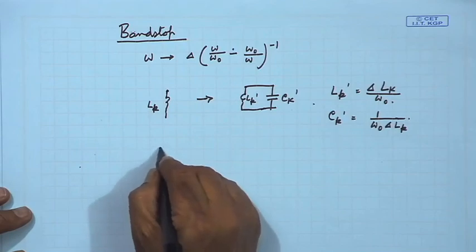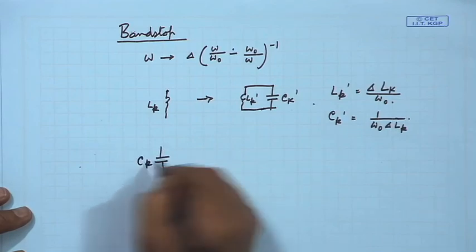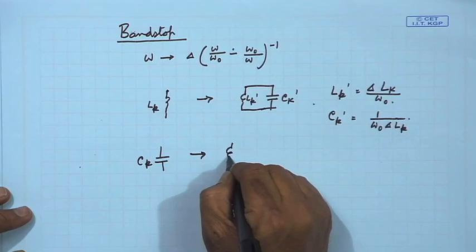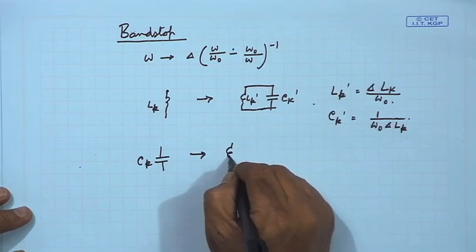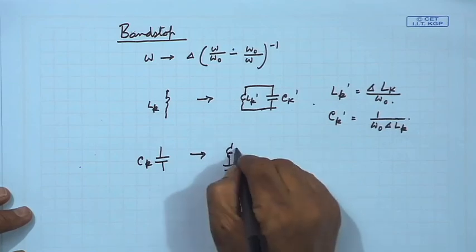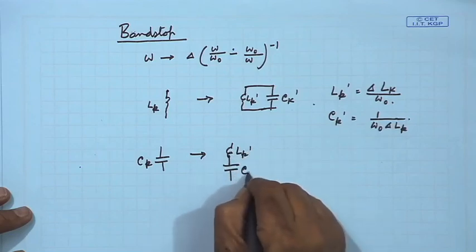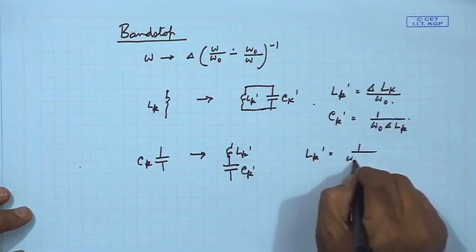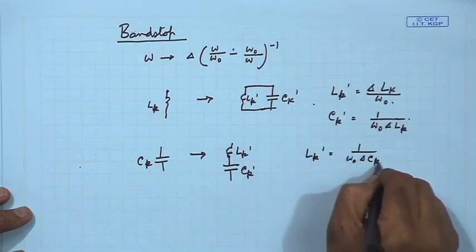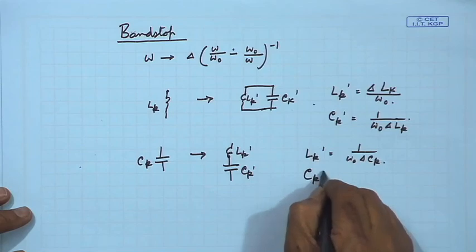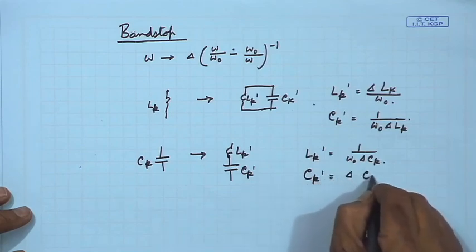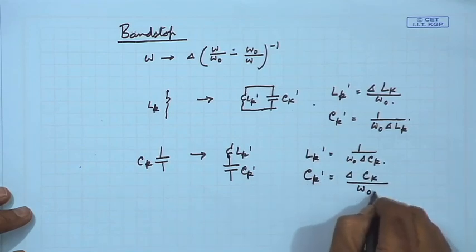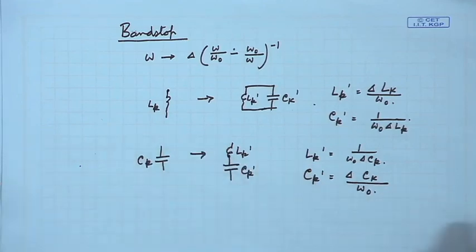And a capacitance Ck will be given by a series resonance circuit Lk dashed, Ck dashed, where Lk dashed is equal to 1 by omega naught delta Ck, and Ck dashed is equal to delta Ck by omega naught. That is all. So, you now have high pass, bandpass, bandstop, anything you want.